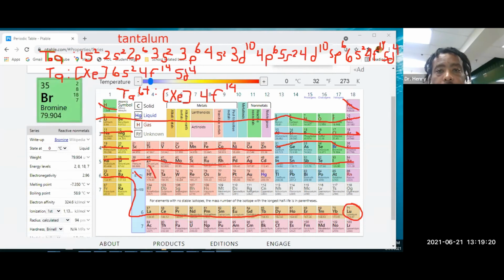So I'm going to underline what it represents in blue. You see that top line? That top line is the full electron configuration.